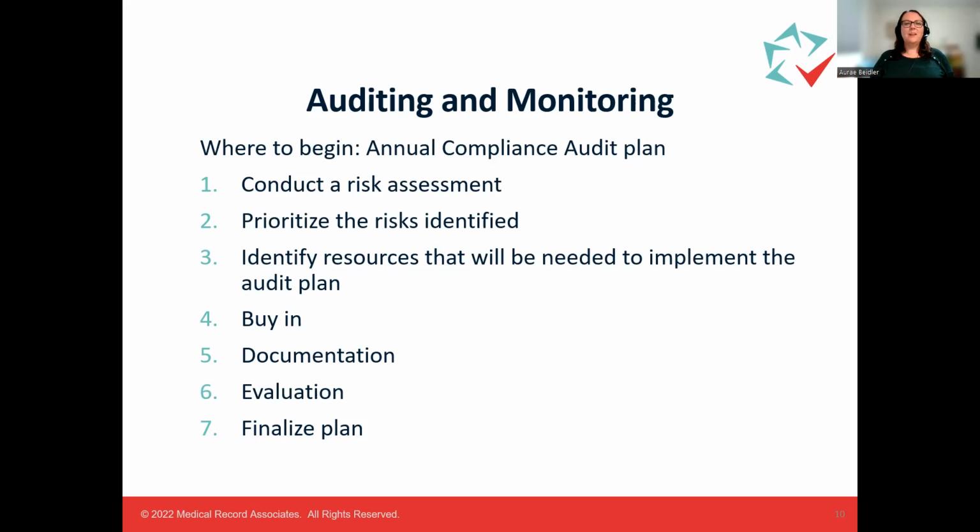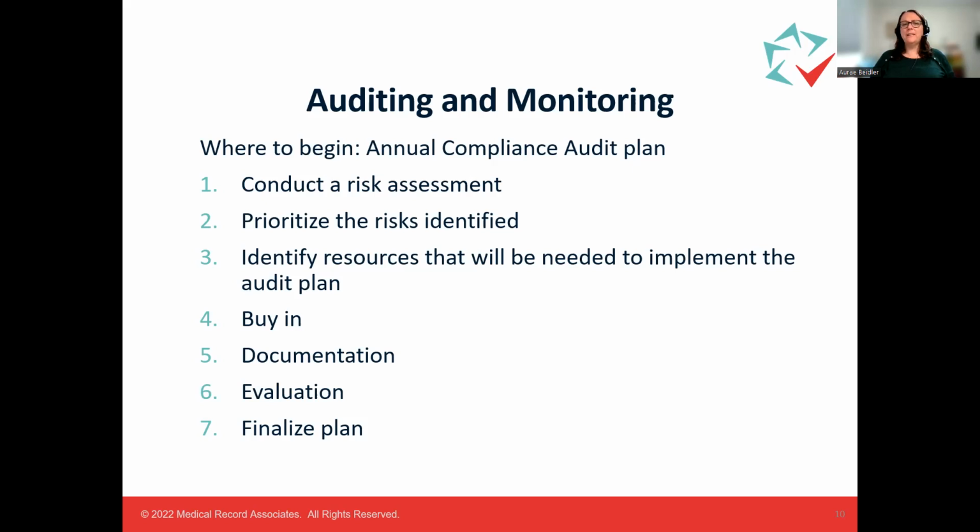Some of these may take a lot of resources that we may not have. So maybe you're going to put something off a year, but you want to document why, especially if it's a high risk that's been identified, and determine what those resources will be.